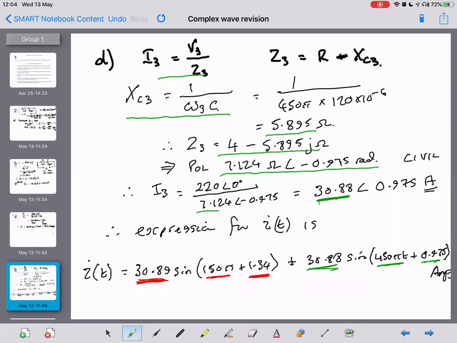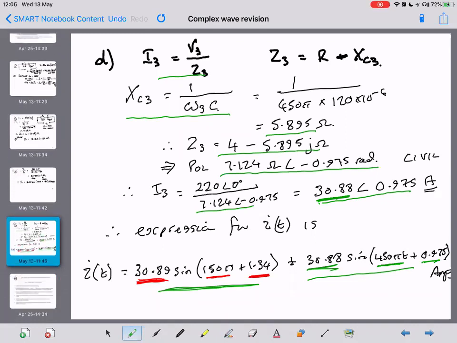Then we can use Ohm's law to calculate the third harmonic current, and then add that onto the fundamental current to get an expression for the whole thing. So that's part D. We're happy with that?